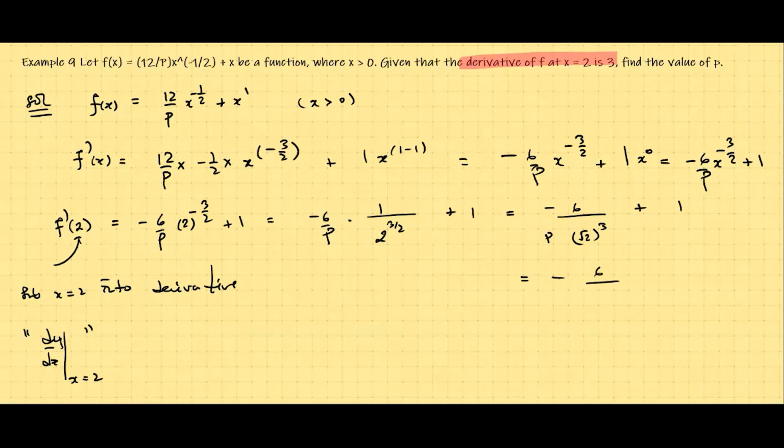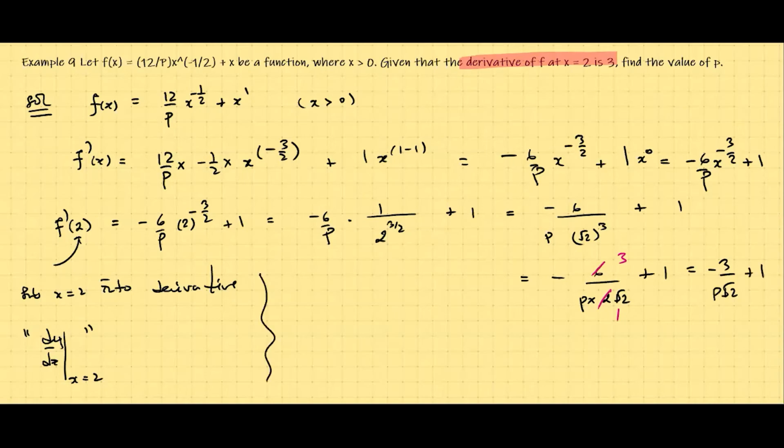Root 2 cubed is just going to be 2 times root 2. And we can now simplify a little bit, since there's a 2 there and there's 6 there. So really what we have is negative 3 over p root 2 plus 1.